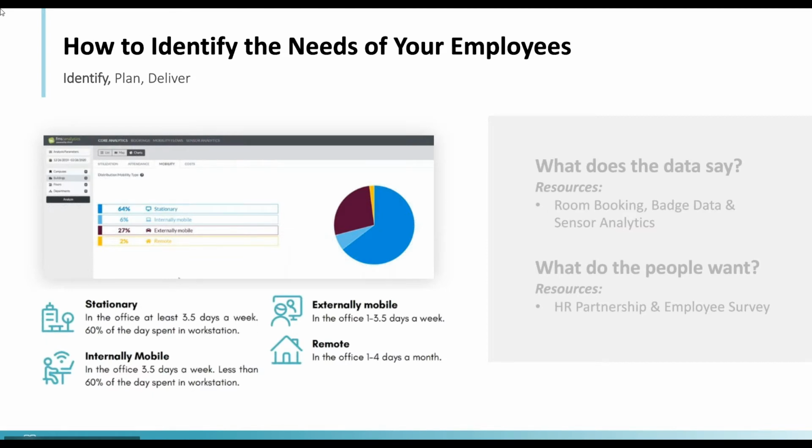We have the stationary employees who are in the office every day or most days and spend most of the time at their desk. These are employees for whom it would make sense to have an assigned seat because they're spending a lot of time there. Compared to the category on the right of that, the externally mobile employee, these are ones who might be in their home office 3 days a week and in the corporate office 2 days a week.